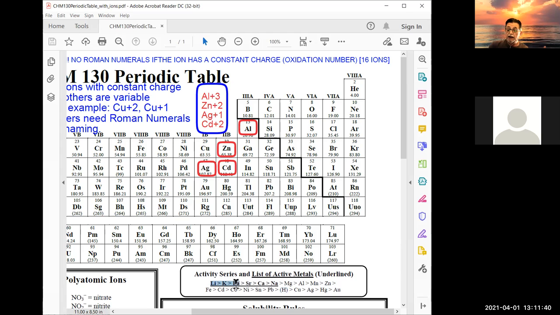Lithium, as I stated, is the most reactive metal. In fact, the ones in bold and underlined are extremely reactive metals, in that if I put them in water, they react immediately, very aggressively. They're very anxious to get rid of those electrons.